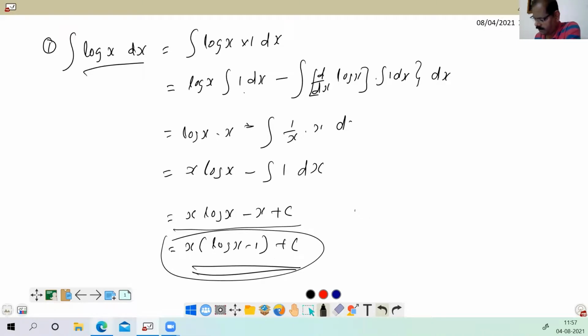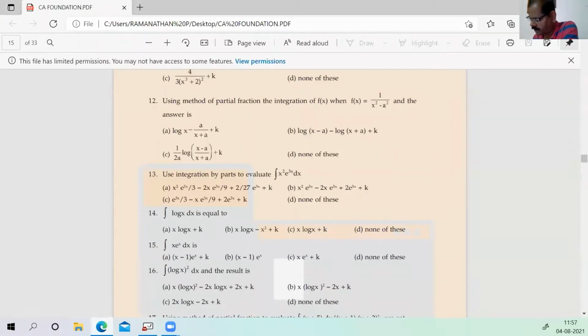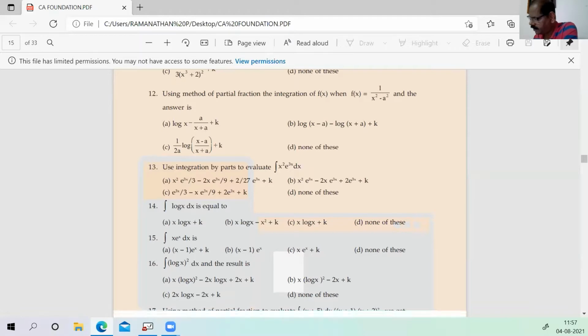So we will see what the options are. x log x minus x square. So x log x minus x plus c. There is no answer like that. So 14, it is none of these.